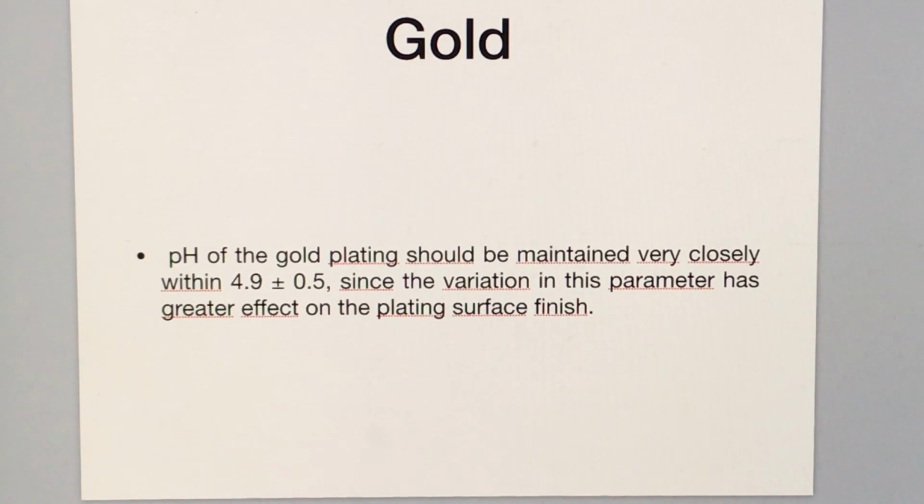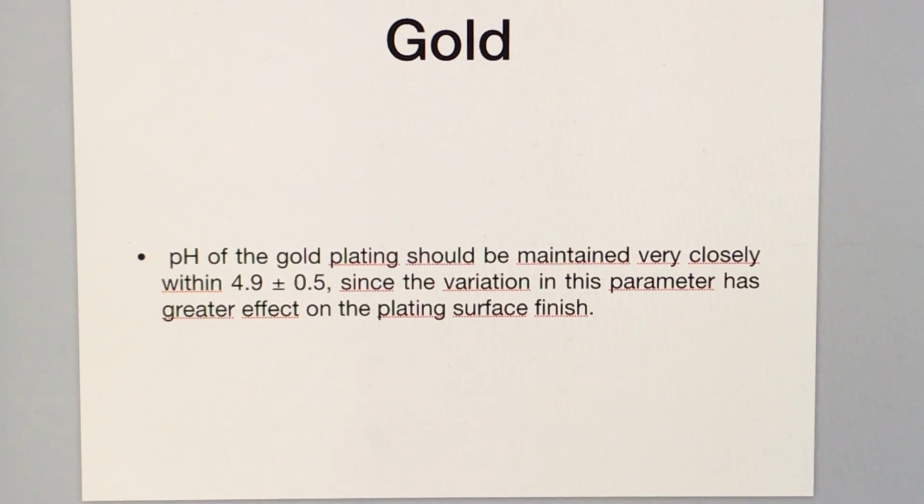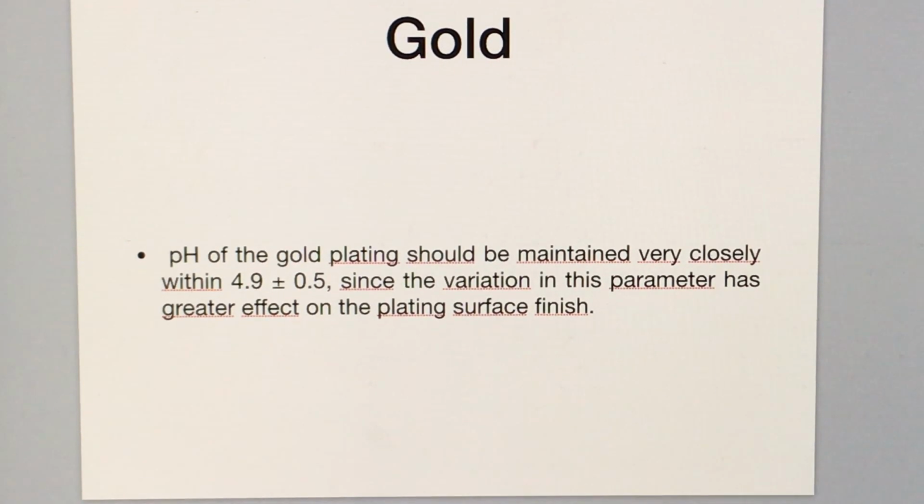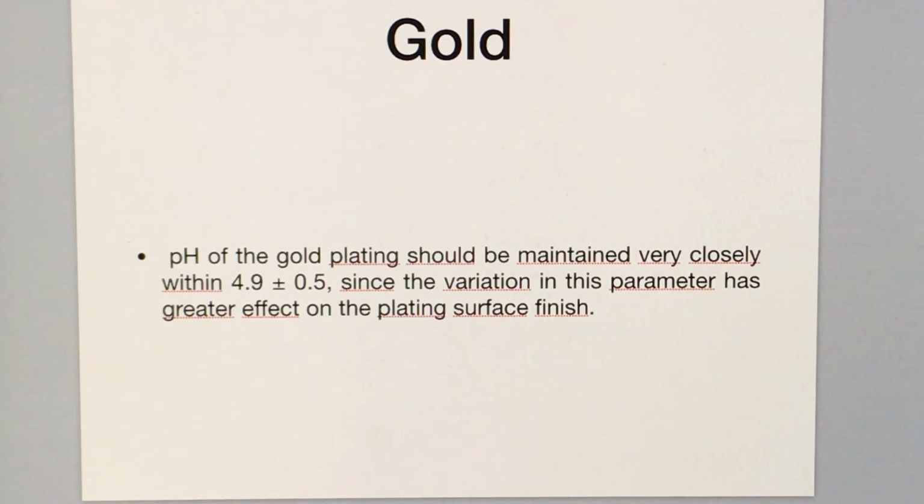What is the main material of all microelectronic components? It is gold. The pH of the gold plating should be maintained very closely within 4.9, plus or minus 0.5, since variation of this parameter has a great effect on the plating surface finish.